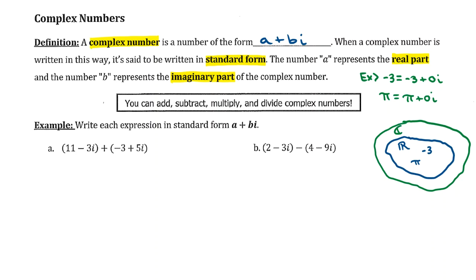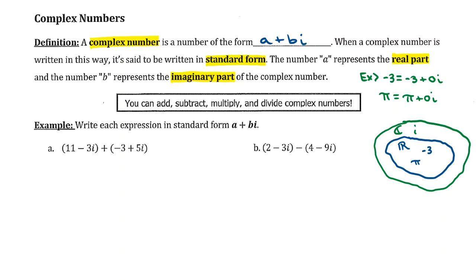Now, because the blue set is contained in the green set, any number that's in the blue set is also going to be in the green set. But there are some numbers in the green set that are not part of the blue set. For example, the imaginary unit i is a complex number, but it's not a real number, in which case we call it non-real.